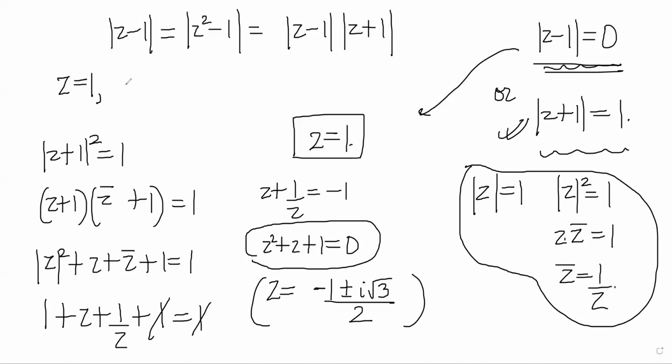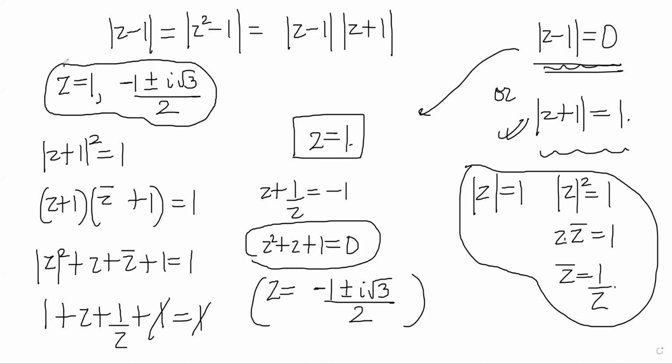Z could be 1 and it could be minus 1 plus minus i root 3 by 2. These are our answers. This was a pretty straightforward problem, nothing very difficult here. The idea was simply to take z power 2k and all common outside, and since mod z is 1, you will realize that the equality boils down to a pretty simple equation, right?